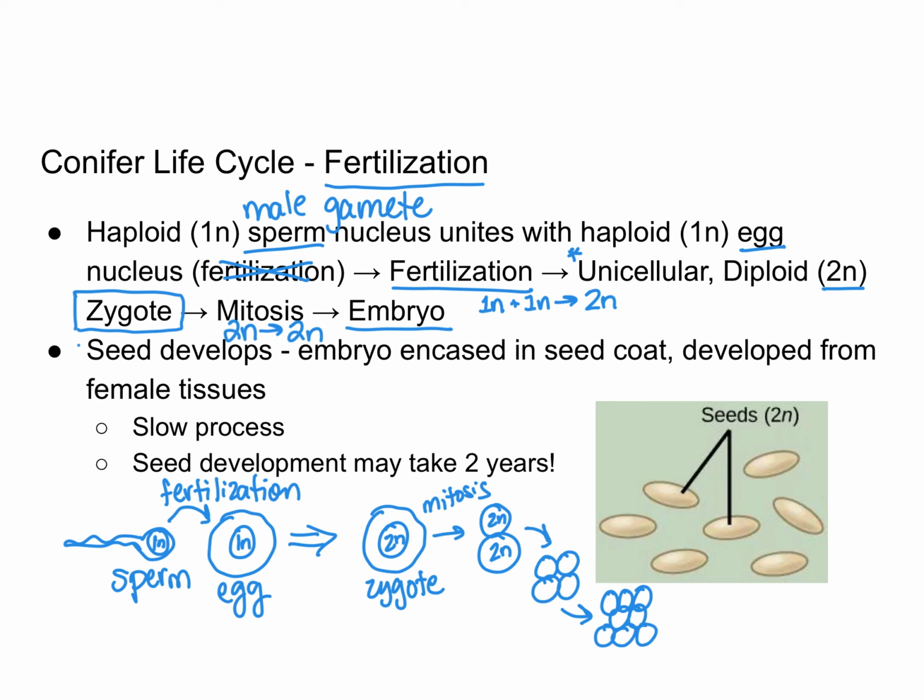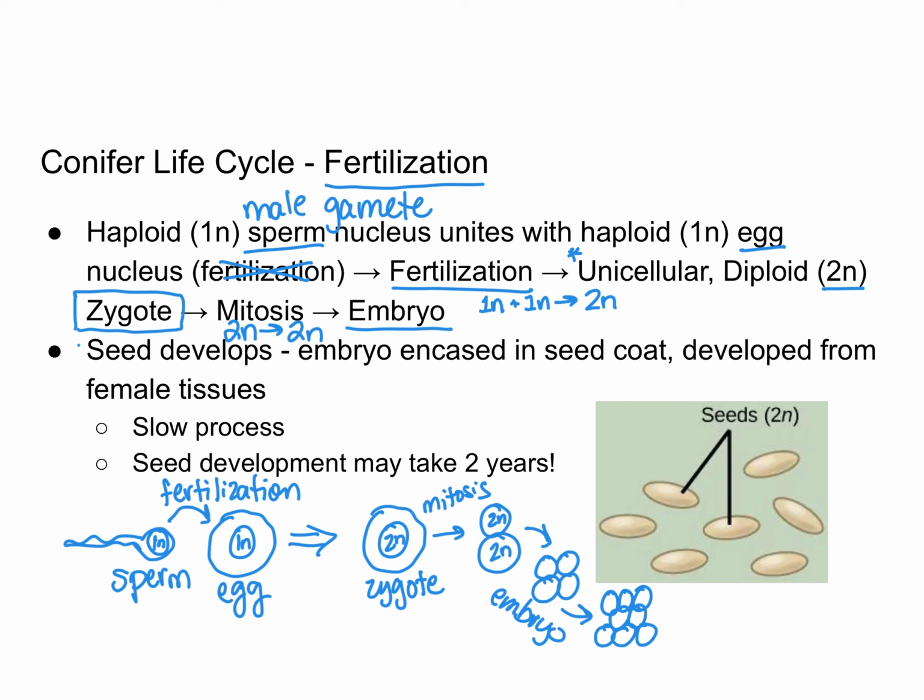And these multiple rounds of mitosis is known as embryonic development. So the structure here is a developing embryo. And this process is going to keep going, and the number of cells are going to double. So you're going to end up with more and more cells.